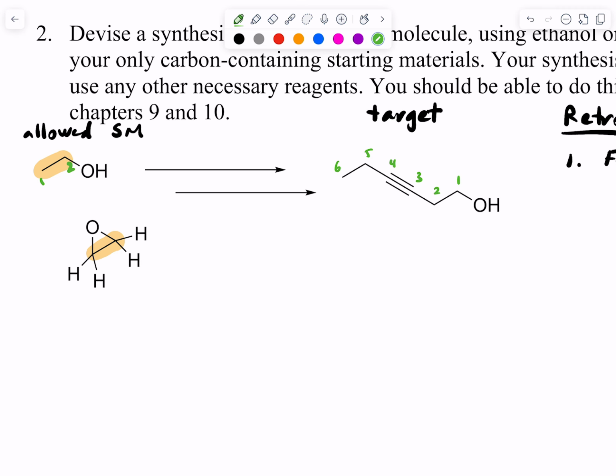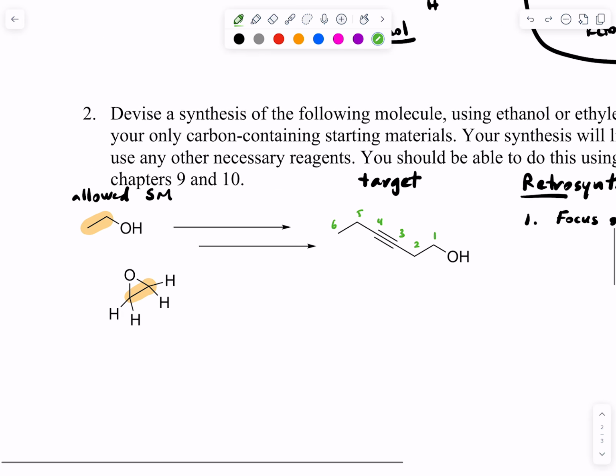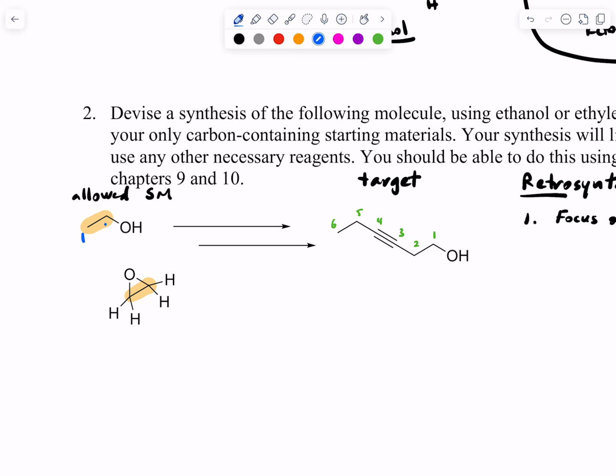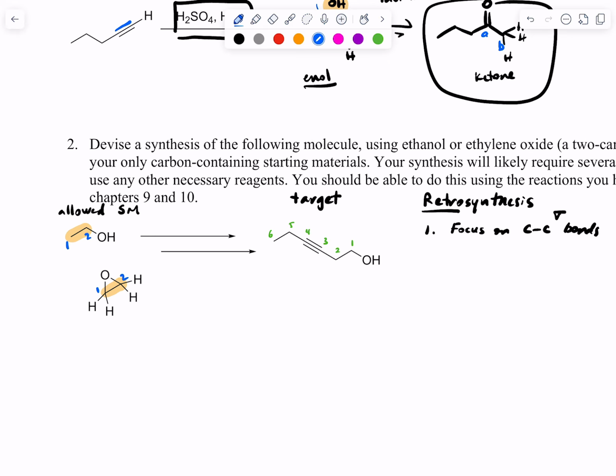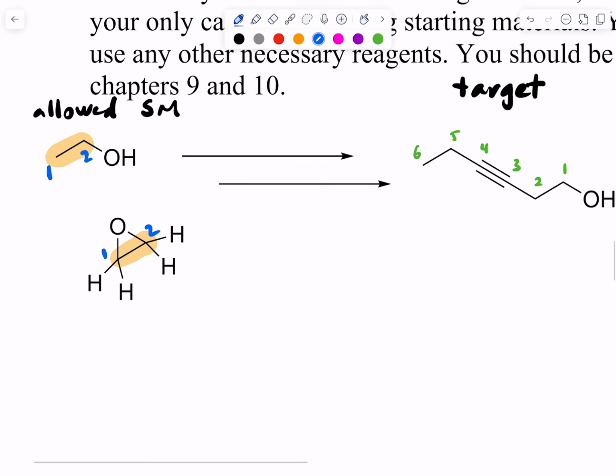Now, one of our goals in synthesis is efficiency. So we don't want to reinvent the wheel or do anything that we don't have to do. So if you notice in these starting materials, I already have a bond between 2 carbons.